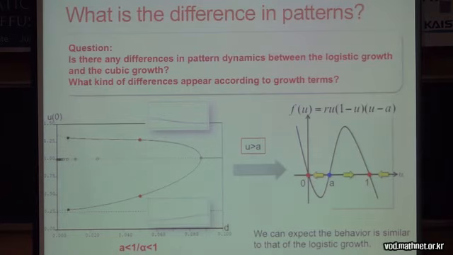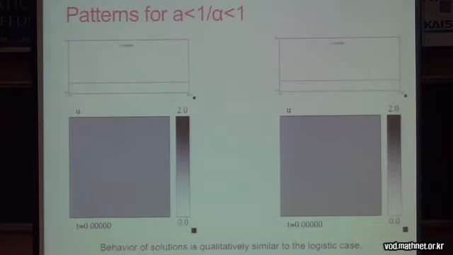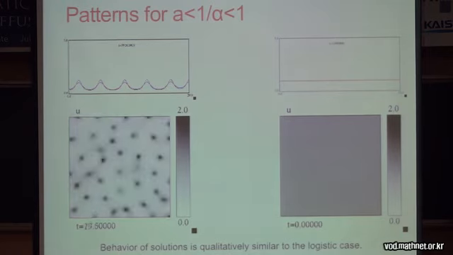Alpha is the moderate case. So actually, we of course observe a stationary pattern, and corresponding to the simulation, we observe a stable stationary spot.